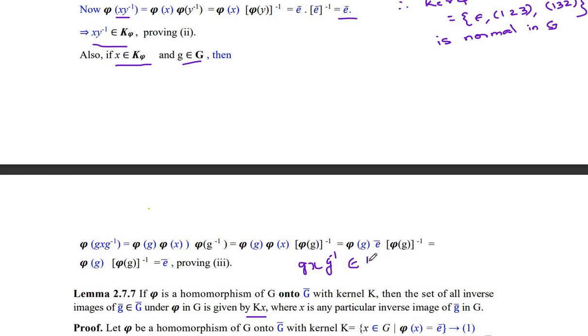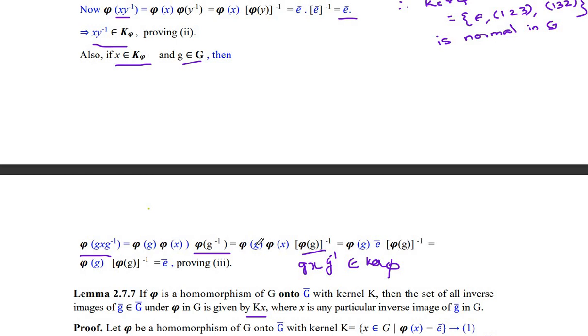For this to be in kernel phi, any element will be in kernel phi provided the image of that is the identity element. So for that reason we start with this. Phi of gxg inverse, because phi is a homomorphism, we have this to be phi of g, phi of x, phi of g inverse. Again phi is a homomorphism, so we have this step.